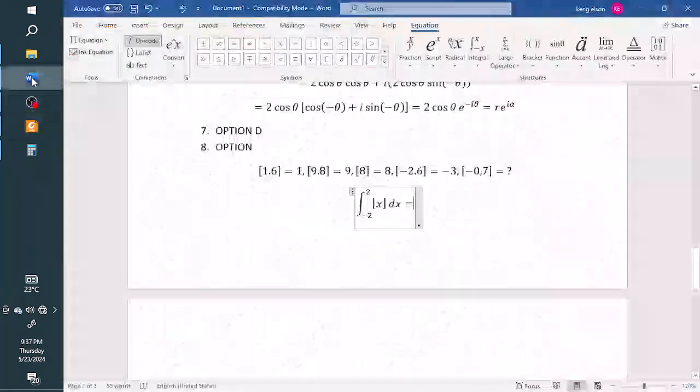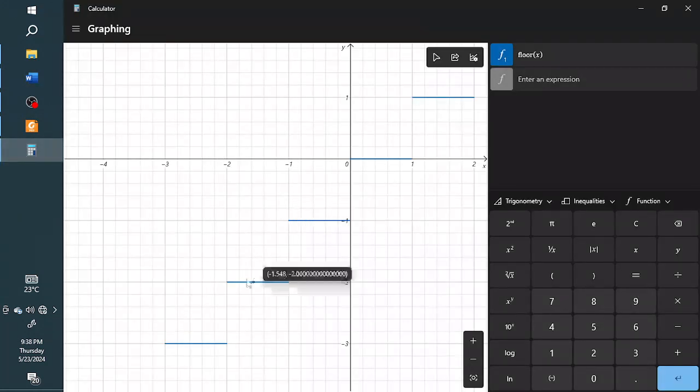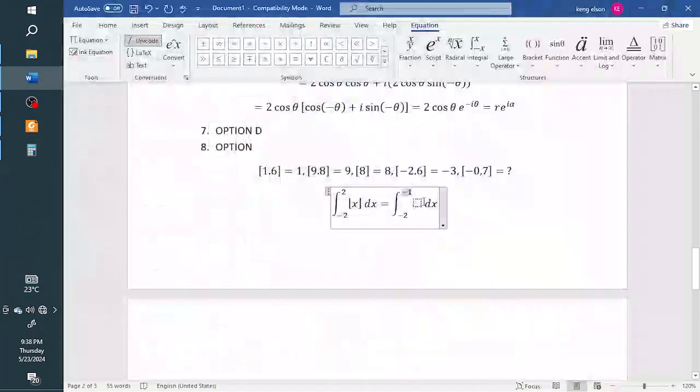Alright, so we begin from -2 to -1. Now from -2 to -1, what is the function we are integrating? We are just integrating y equal to -2 because the function is constant, -2.